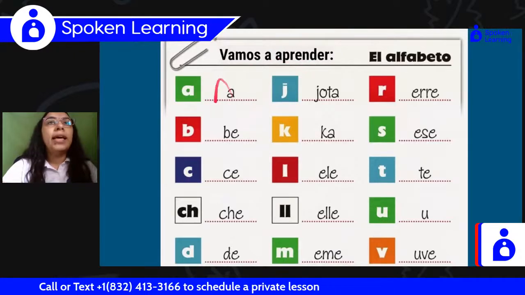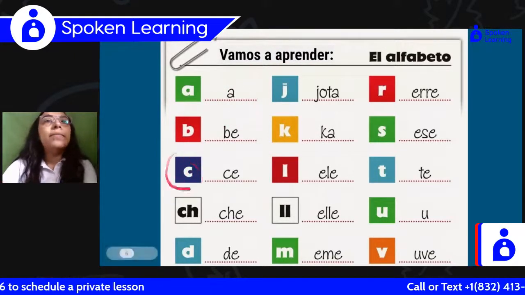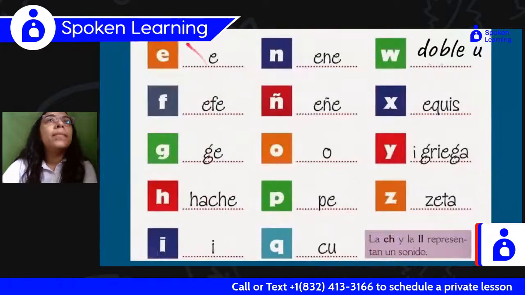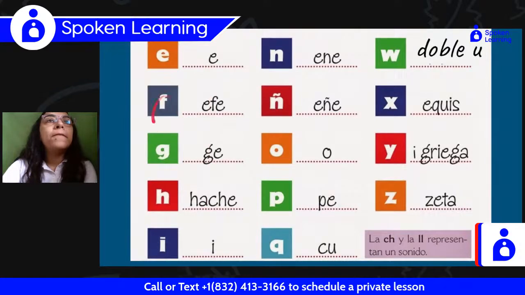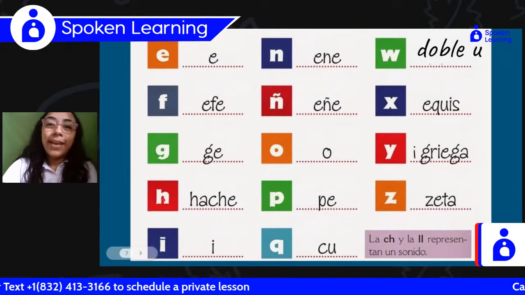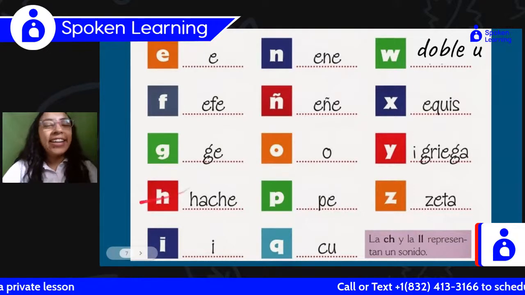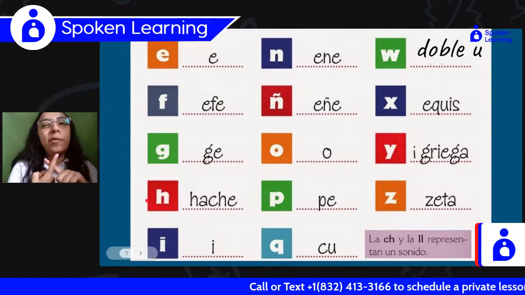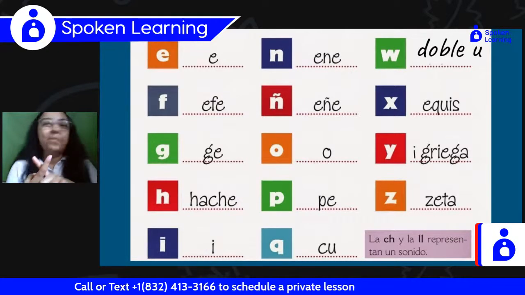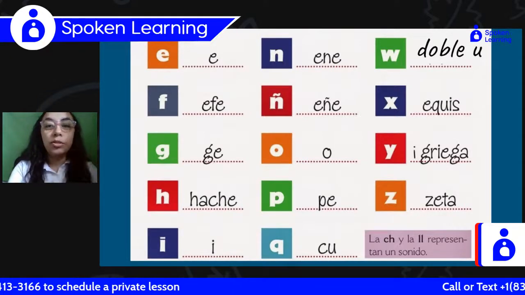So this will be A, B, S, Ch, D, E, and here, this is a funny pause because H in Spanish is silent. So be careful when you want to pronounce an H because there's not going to be a sound in there, okay? So just don't pronounce it.